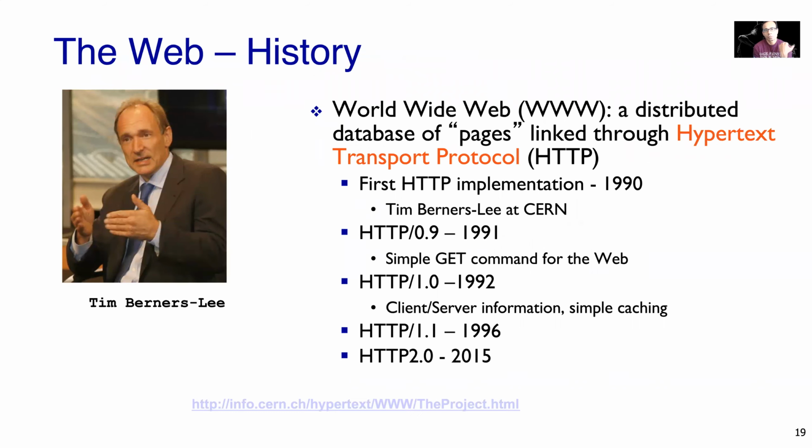So the origins of the web actually go back to this person here that you see on the screen, Tim Berners-Lee. He was working at CERN. You might know of CERN, that's where they do all the particle accelerator experiments. It's buried underground at the border of France and Switzerland. And of course, there's a bunch of physicists working there.